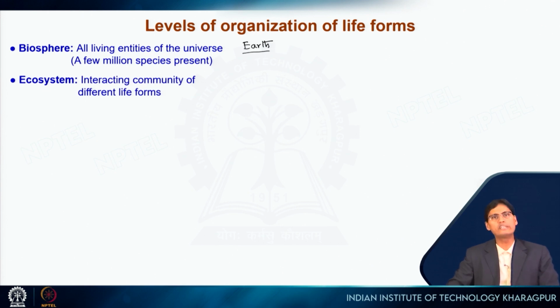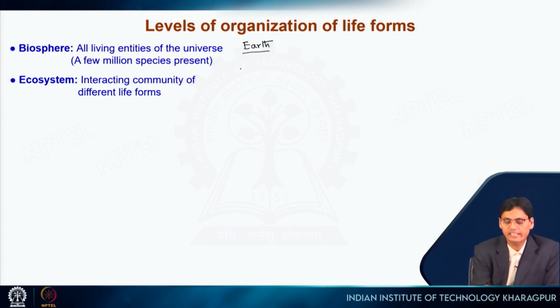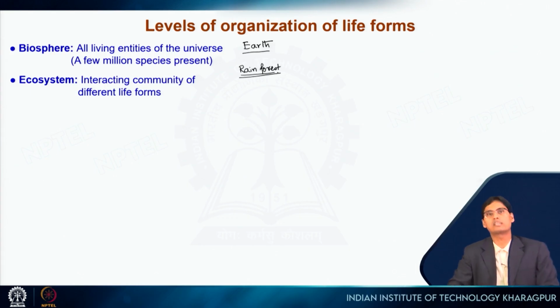Then the ecosystem. Ecosystem means the interacting community of different life forms. There are many ecosystems present in the biosphere. An example is a rainforest ecosystem, which is very common in our country, a tropical country, right?